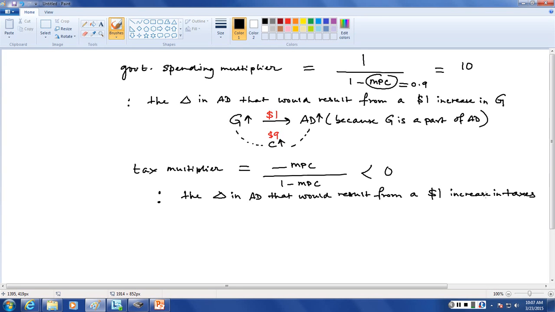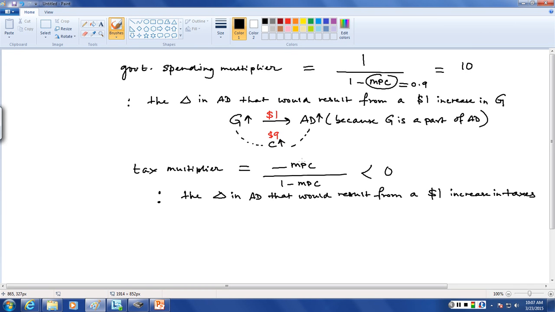Now, why is the multiplier a negative number? That's because we know that when the government raises taxes by $1, this reduces our, that is households, disposable income. And with less disposable income, we reduce our consumption spending. Am I correct? So aggregate demand, therefore, reduces when the government raises taxes. Am I correct?